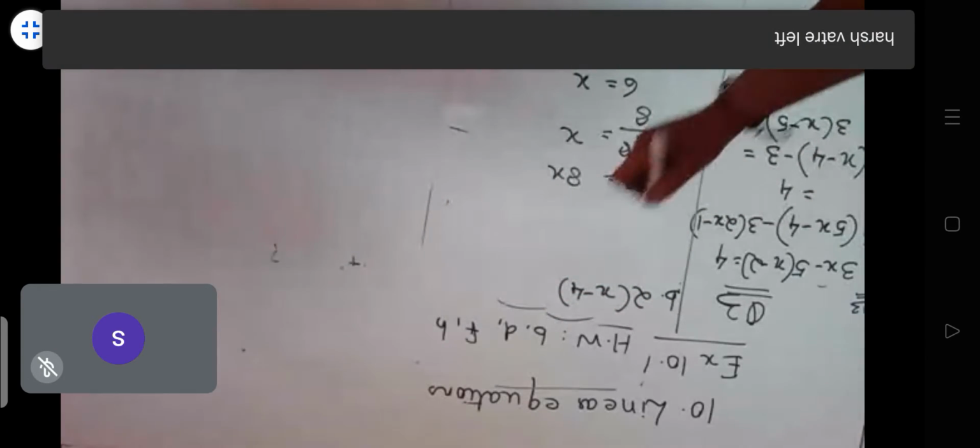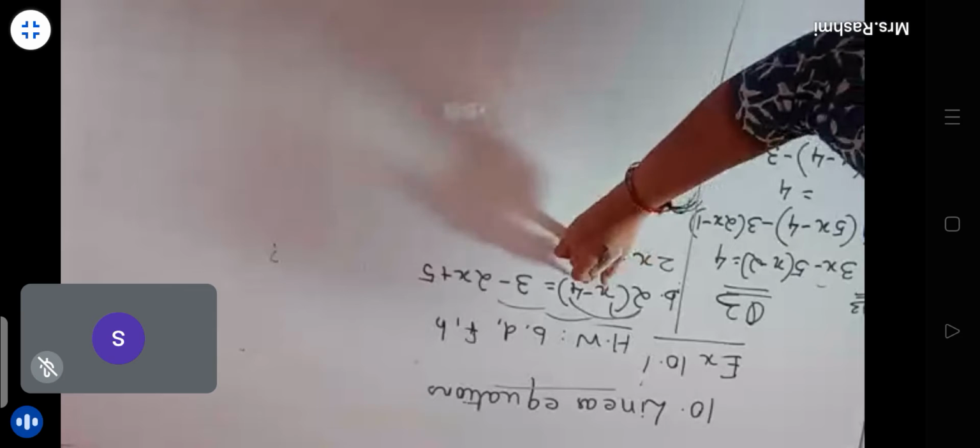B1. It says 2 into x minus 4, so you can drop it. 3 minus 2x plus 5. Just don't blindly copy, students. If you are not able to understand, ask me now itself. It shouldn't be like the teacher is just completing the portion.